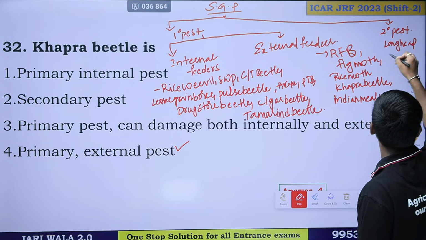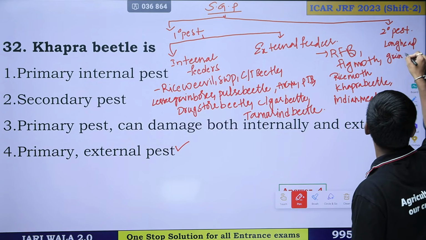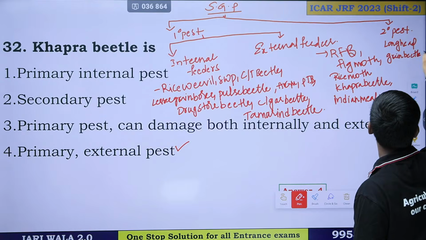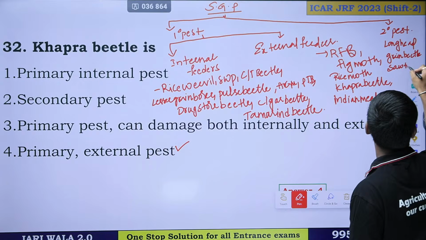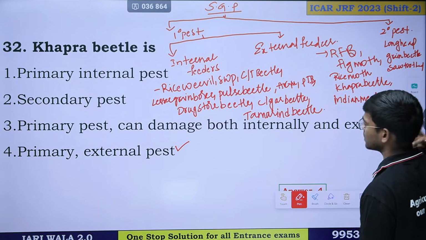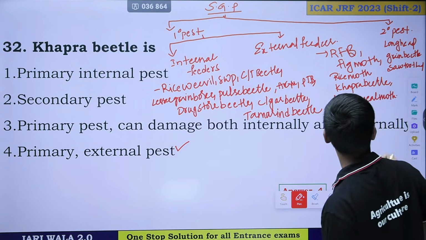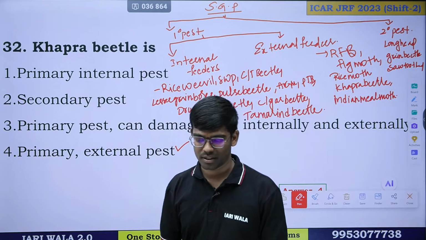Long-headed grain beetle. Then after saw-toothed. Okay, here we will write the secondary pest.